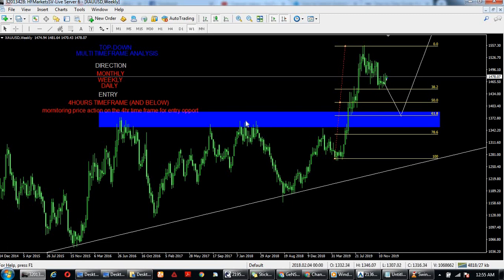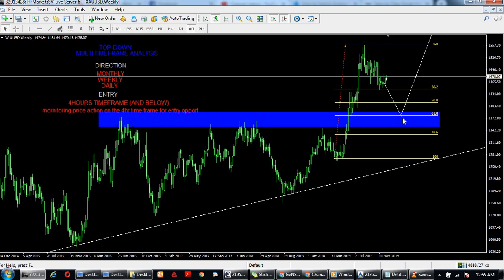This is our blue shaded zone right from the monthly time frame, which was our monthly resistance broken, now turned support, and we can see that it coincides very well with our 61.8 Fibonacci area. So yes, indeed, I would expect the market now to sell all the way down to the 61.8 Fibonacci area.